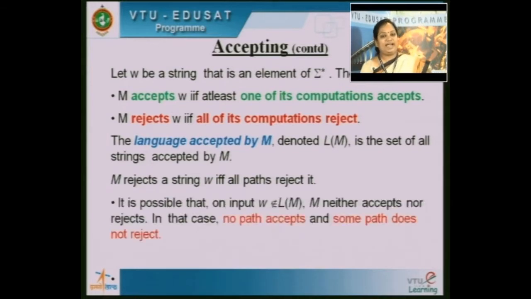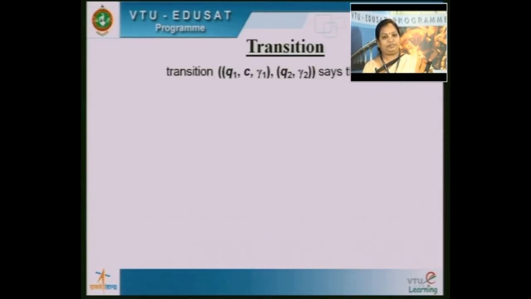It is possible that on input w not belonging to L(M), M neither accepts nor rejects. In that case, there is no path that accepts and some path which does not reject. At that position, we say that w does not belong to that particular language.